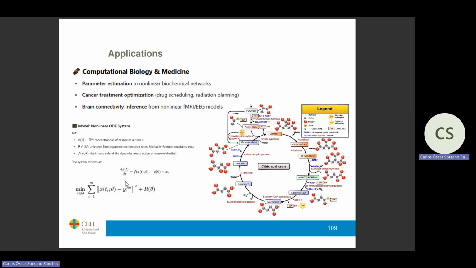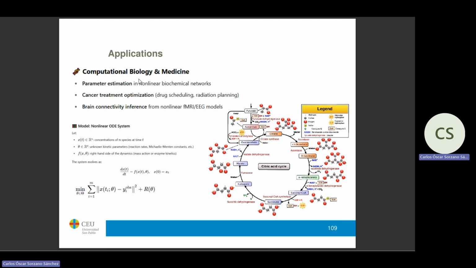You try different parameters for the different reactions, so different speeds, and in the end you want to minimize the difference between what you predict and your observations. The parameters are the different speeds, so in that way you can estimate the speed parameters of each one of the reactions that you are looking at.